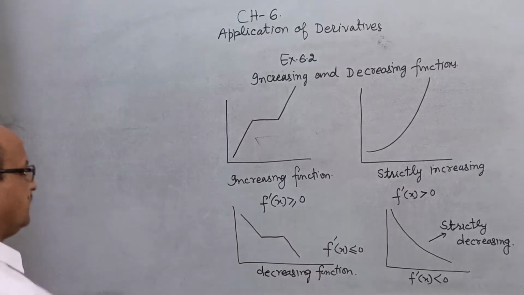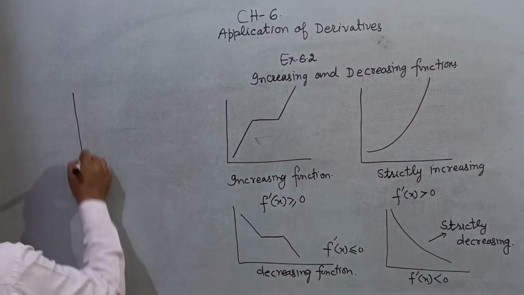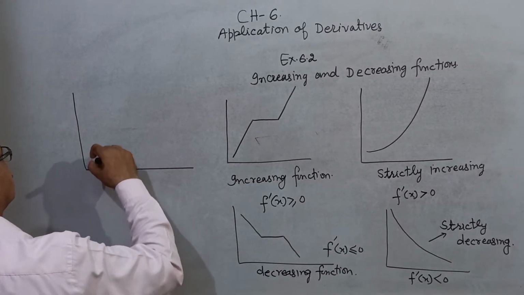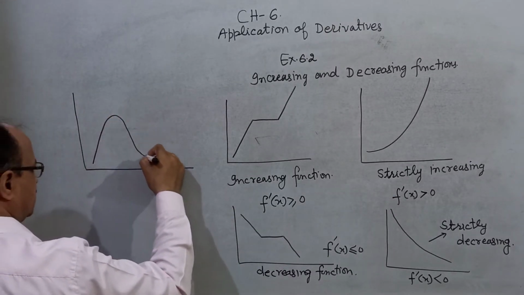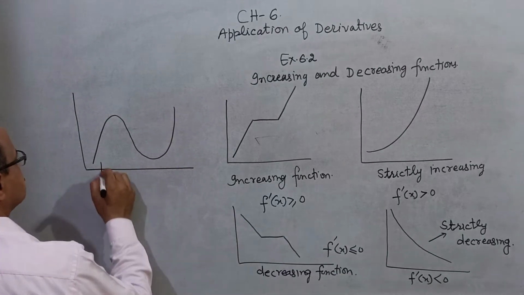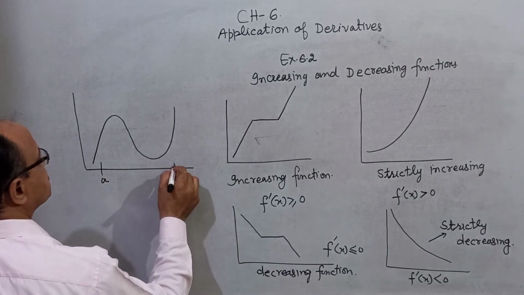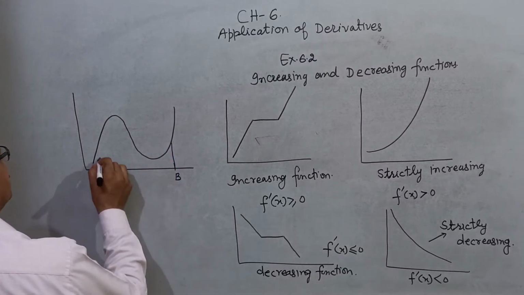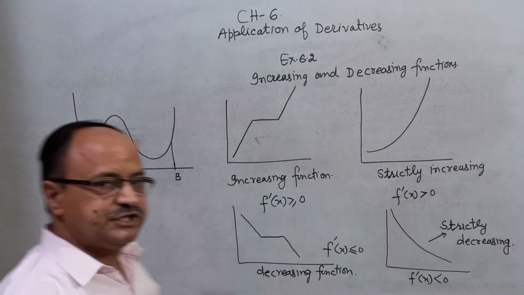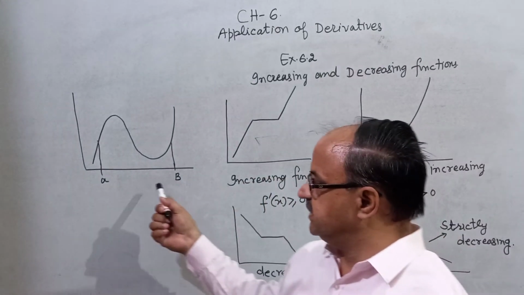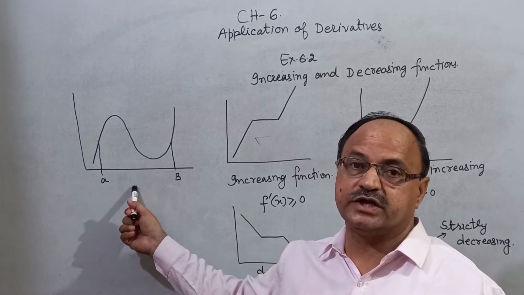Correct? If in the interval, the function is increasing, then decreasing. Suppose this is the interval A to B. If in this interval the function is increasing and decreasing, then you can say it is neither increasing nor decreasing.